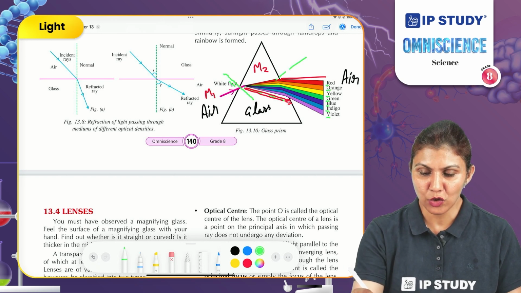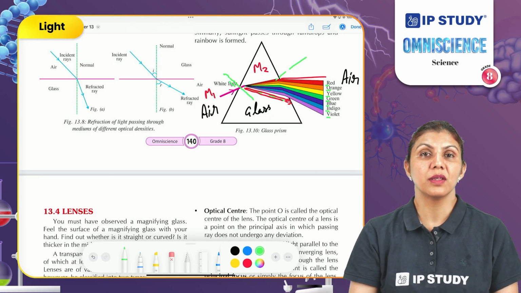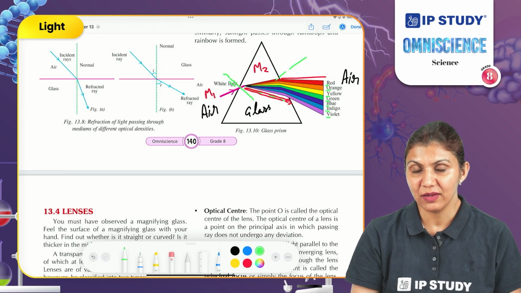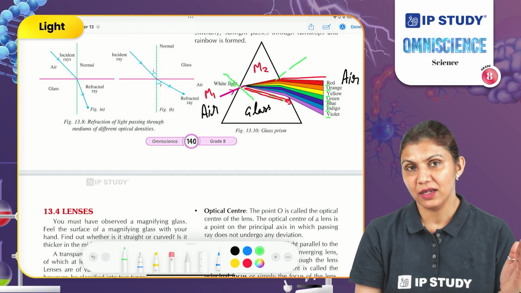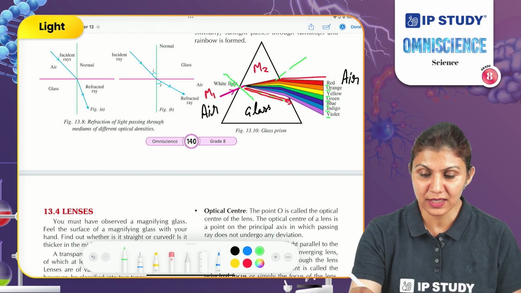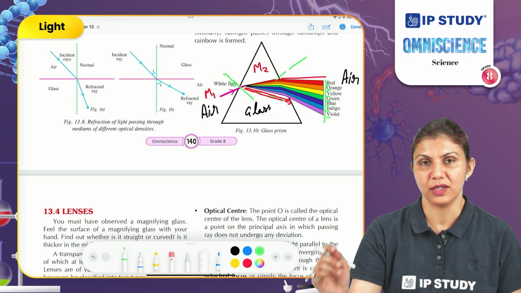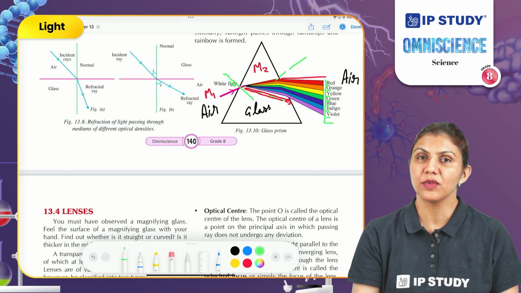So this mnemonic helps us to memorize the colors of white light, which is now scattered, which is split into different colors, and the arrangement is in this order. Arrangement of these lights follows this mnemonic or this order.